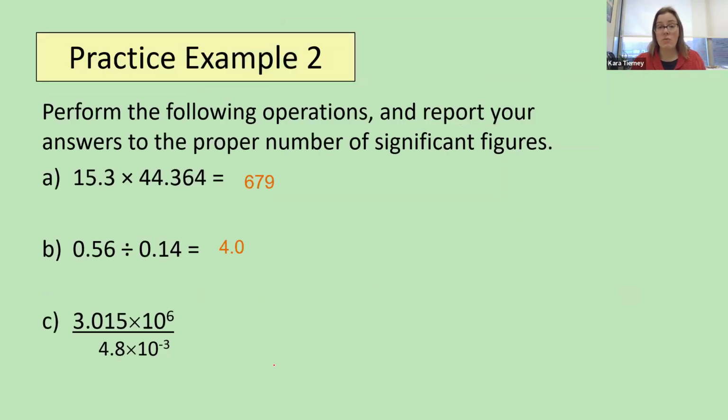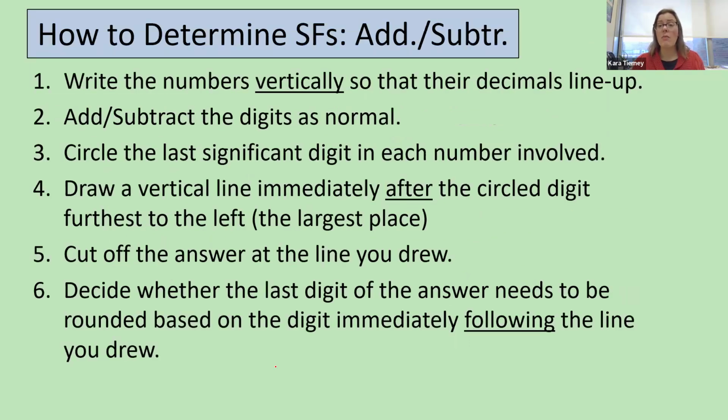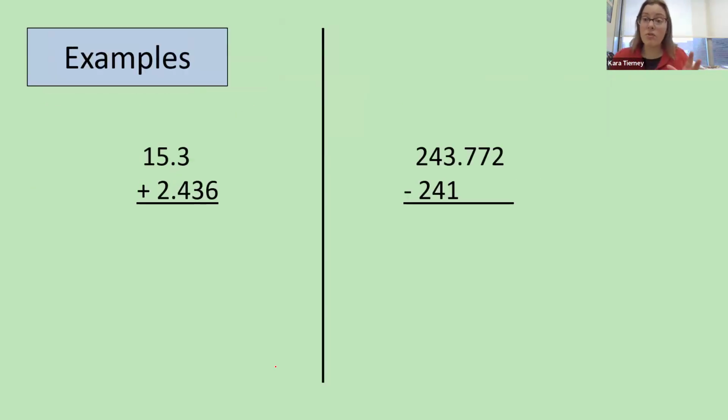In addition and subtraction, we do something else. One way of visualizing the rule for addition subtraction: instead of counting sig figs, we're counting places after the decimal. So it's two completely different rules. A visualization of this rule is if you stack them vertically, you can see with our first example, 15.3 and 2.436, we add them together and then we look at the numbers involved. 15.3 only has one place after the decimal, whereas 2.436 has three places after the decimal.